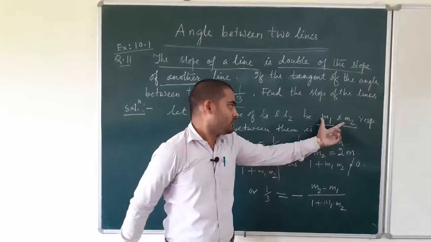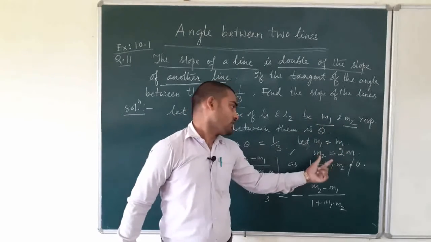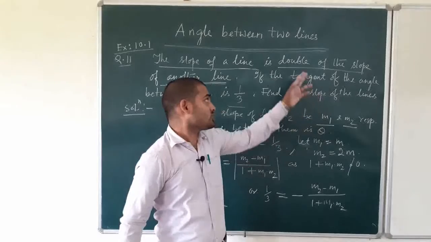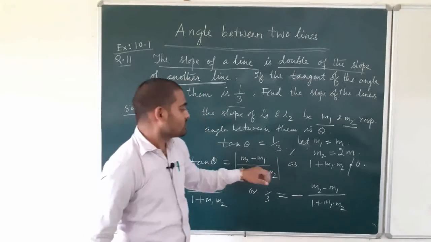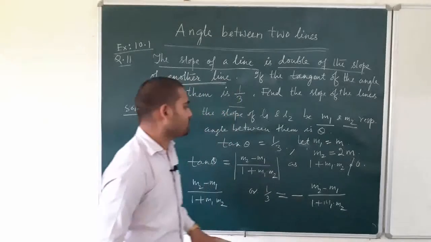Two slopes, M1 and M2. Suppose M1 is M, and the other slope will be what? M2 is equal to 2M.